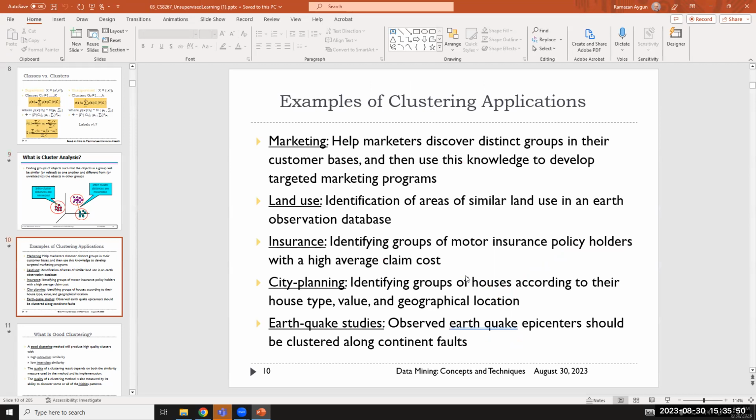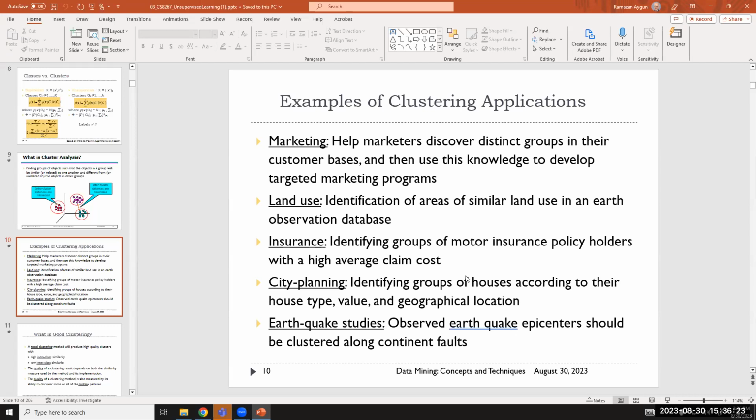Unsupervised learning or clustering has many applications. Marketing, for one. For example, you may cluster customers based on their shopping behavior and then send customized advertisements to those groups. Land use: from satellite images, we like to analyze the agriculture area, the urban area, the rivers, etc., and how they are used.